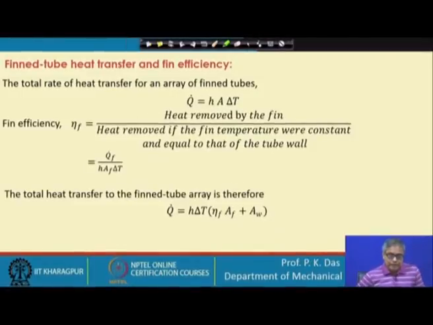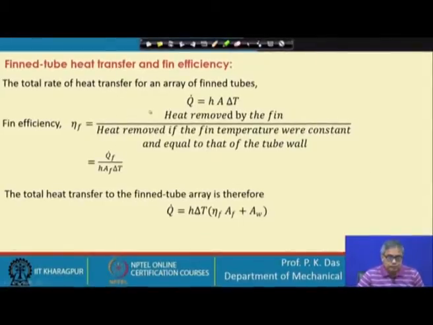As I have told, the heat transfer will be given by H A delta T, that is actually on the fin side, and H is the heat transfer coefficient, and one of the aims is to determine H from the analysis which we are continuing to do. A is the area. We have seen some calculation of area in our previous lecture.